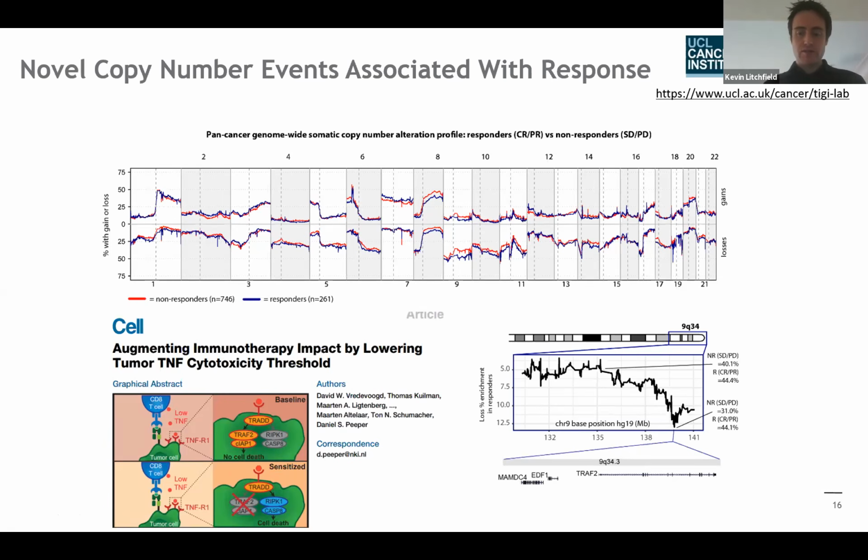And in terms of the direction of the biology here, we see a loss of the gene associated with better response. So again, that would fit with David's data, where loss of TRAF2 sensitized tumor cells to T-cell killing. So we hope and believe with analysis like this, we can find functionally relevant genes.